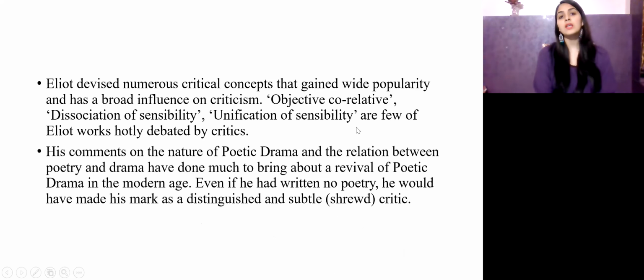Then Eliot devised numerous critical concepts that gained wide popularity and had a broad influence on criticism. Objective correlative. Now, what is objective correlative? He gained a wide popularity and had a broad influence on criticism. So he had more and more influence on criticism and he introduced the topic of objective correlative.